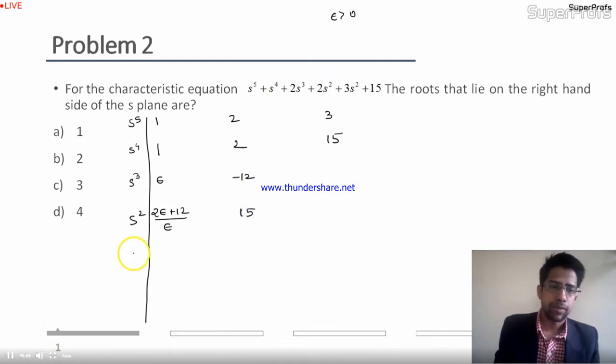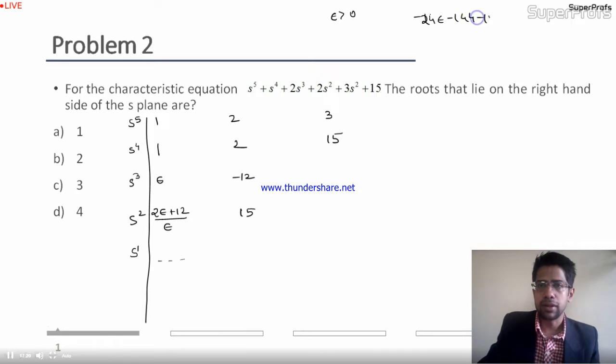Okay? In the next step, you need to find out S1's coefficient here. So this is this value into minus 12 minus 15 epsilon divided by this value. So you ultimately get, let me solve it here, minus 24 epsilon minus 144 minus 15 epsilon divided by this value, 2 epsilon plus 12, and the numerator will be multiplied by epsilon.